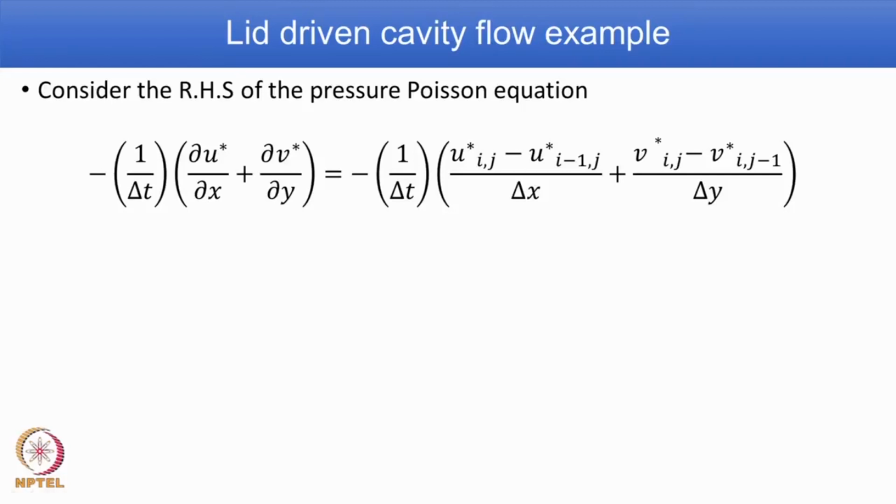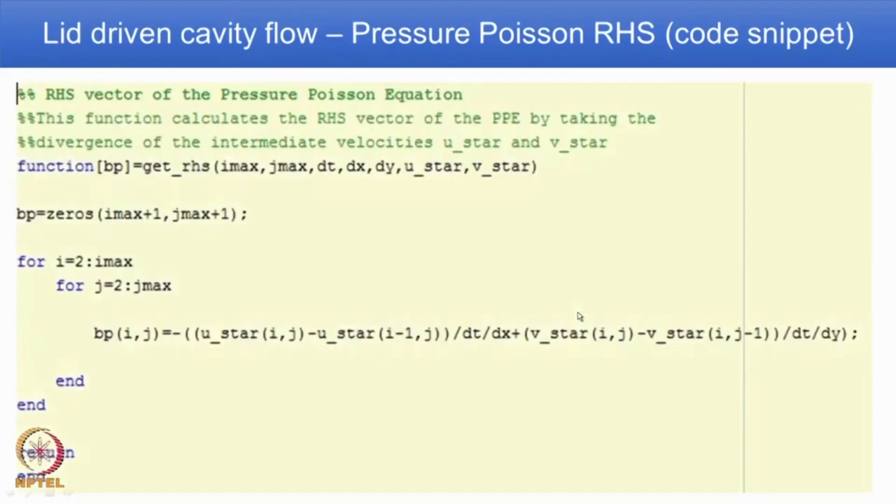We write the finite difference form of the source term as shown here. So, 1 upon delta t, u star evaluated at I comma j node minus u star from I minus 1 comma j node by delta x, plus v star from I comma j node minus v star from I comma j minus 1 node by delta y.